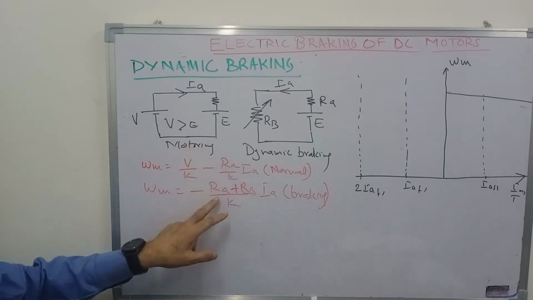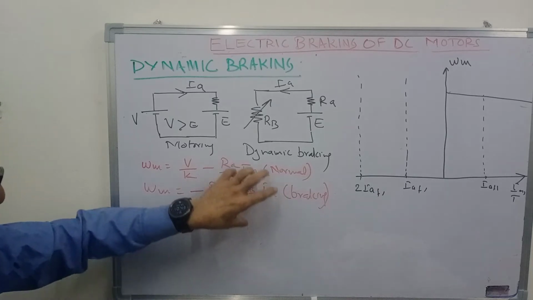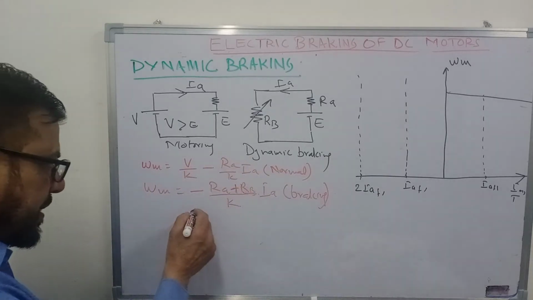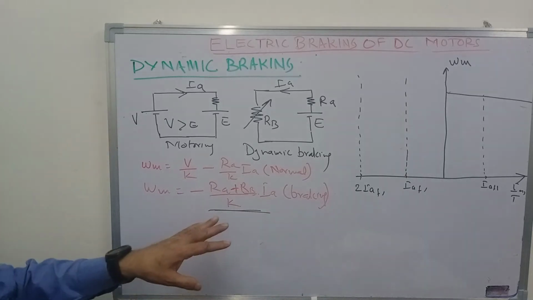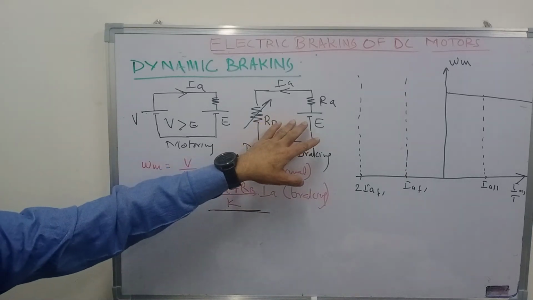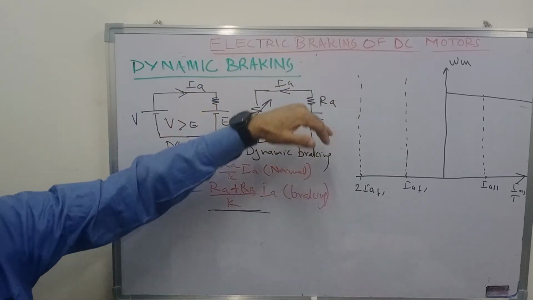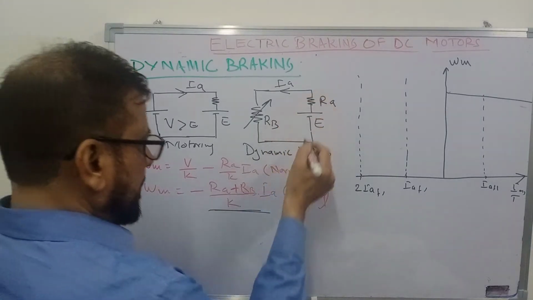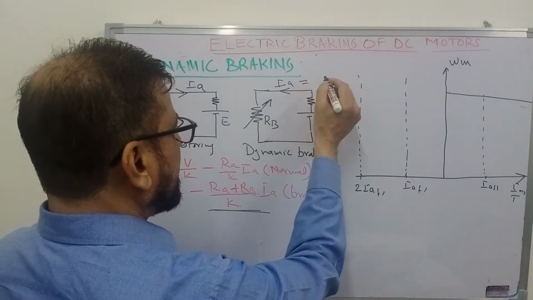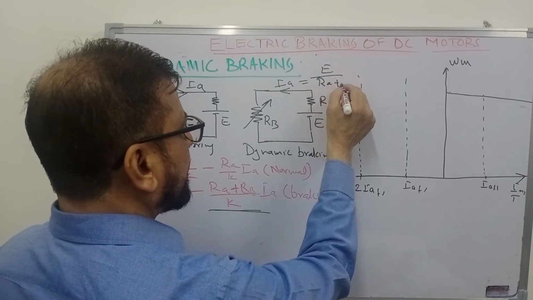So you will get minus (RA plus RB) upon K into IA. And as you can see, the current will now flow in the reverse direction. So current is now negative, and the current that flows here will be equal to E upon RA plus RB.